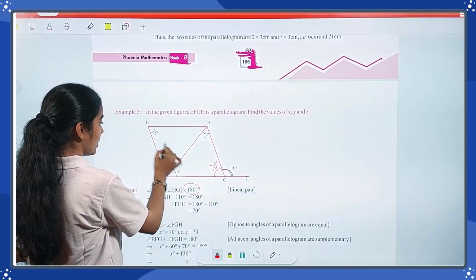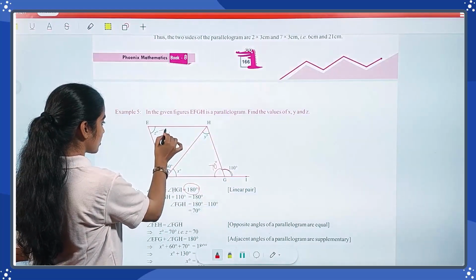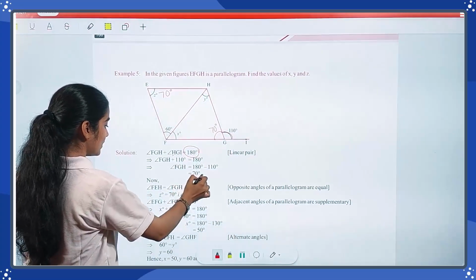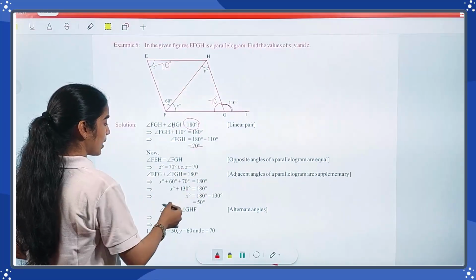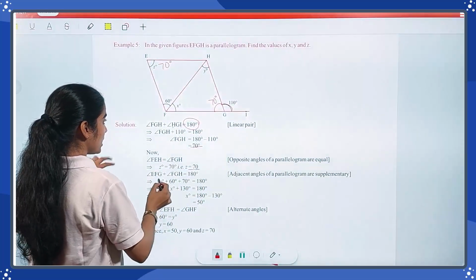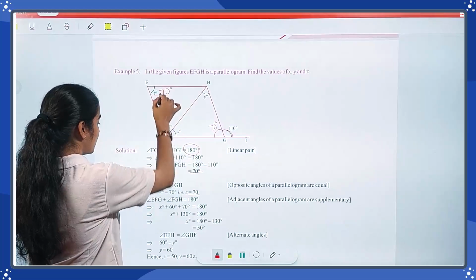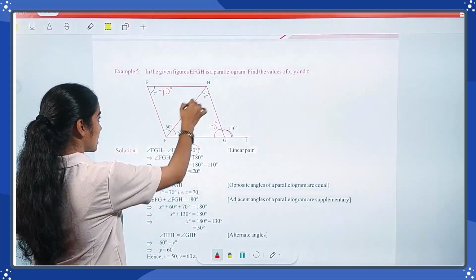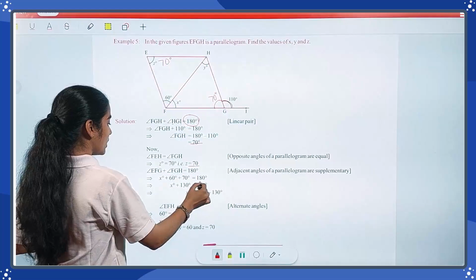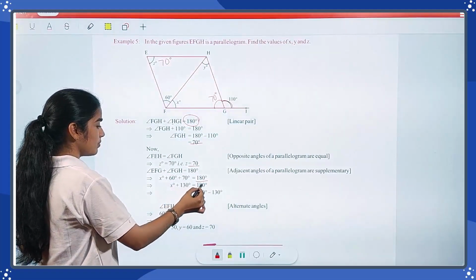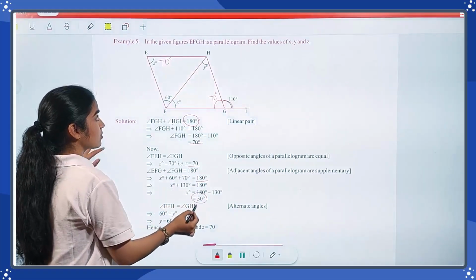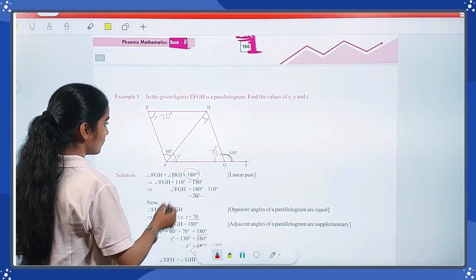If this is 70, then this is also 70, because opposite angles of a parallelogram are equal. Now 60 and 70 plus x, because it is a triangle, is equal to 180 degrees. 60 plus 70 is 130, and 180 minus 130 is 50. So the value of x is 50.